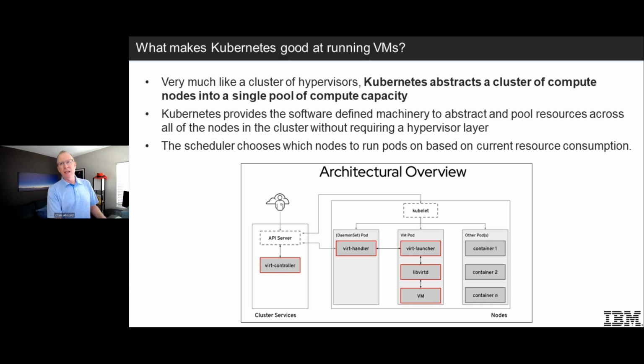Now, Kubernetes really pioneered a different way of abstracting compute nodes into a single pool of compute capacity. And kudos to the pioneers in the virtualization space, especially VMware, in introducing this capability a couple decades ago now, and in particular, highly available clustered virtual machine mobility with the dynamic resource scheduler and things like that.